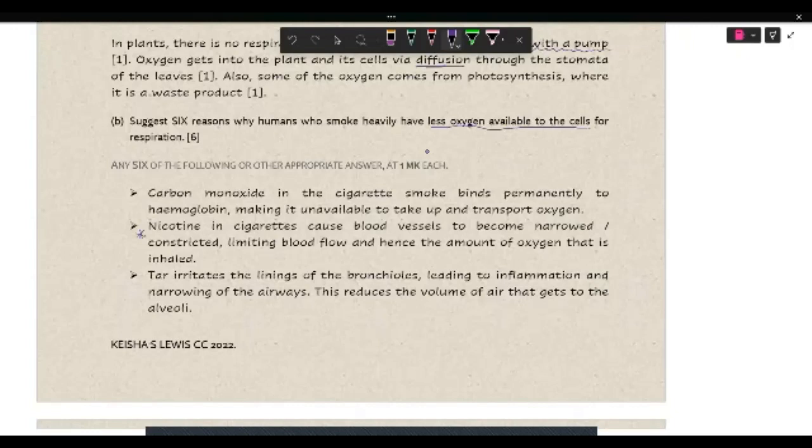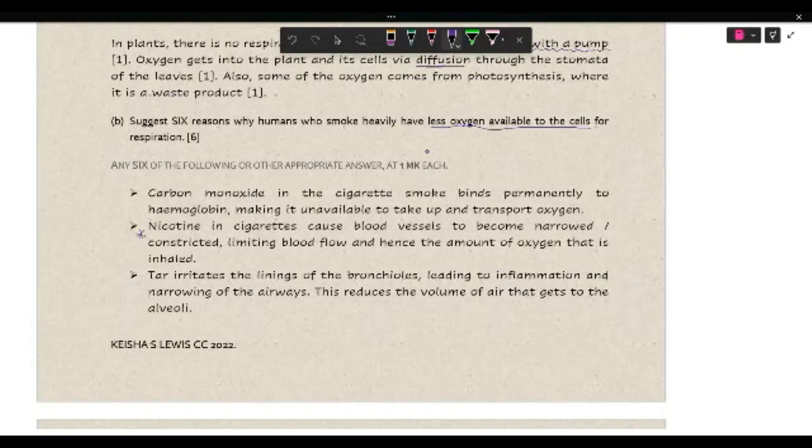So you don't have to focus exclusively on the lungs alone. You can also focus on the impact on the transport system, because that is what's going to get the oxygen to the cells. So that's why we can talk about nicotine here and the impact on the blood vessels, right?